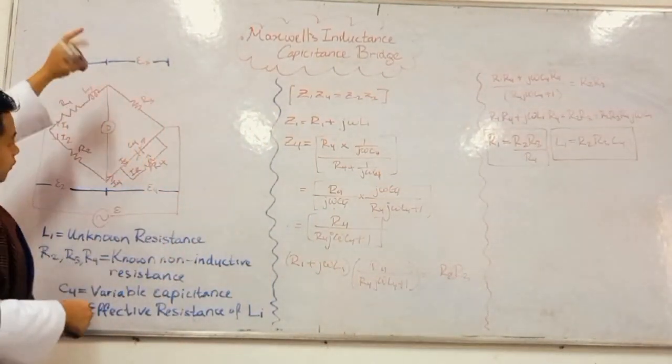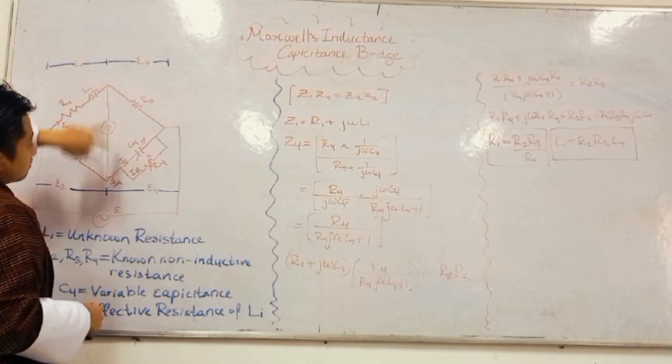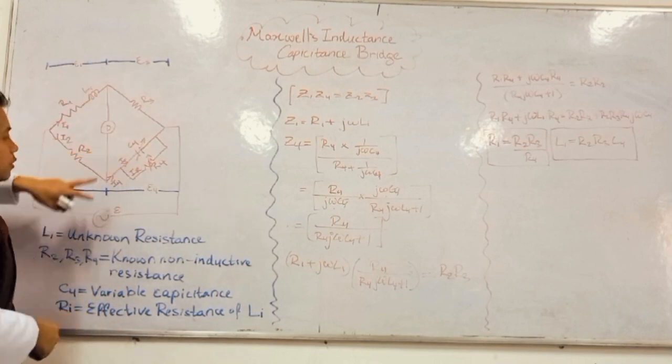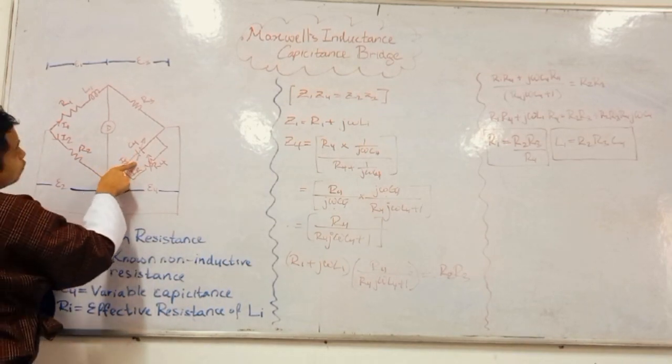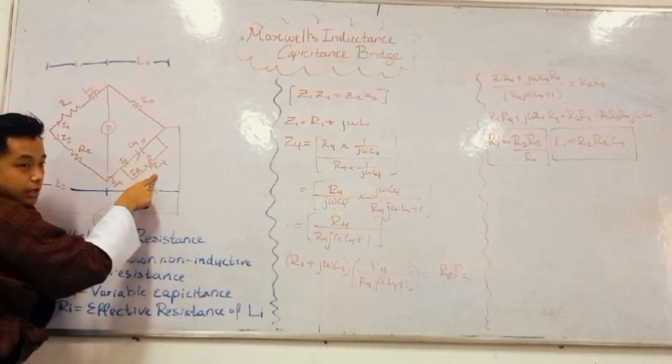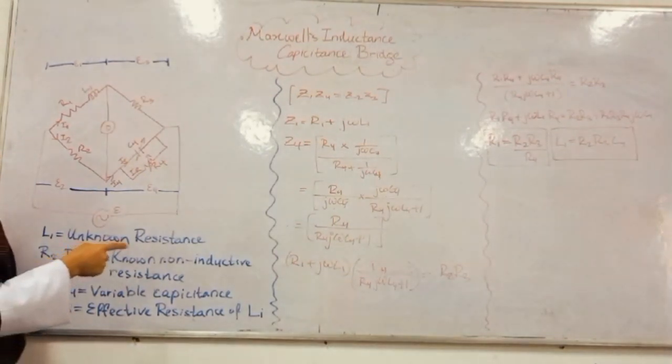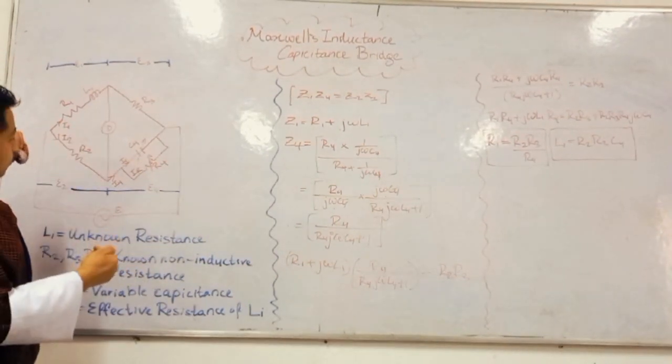Now to figure out the effective impedance across this arm, as you can notice, C4 is in parallel with the resistance R4, so we have to apply the parallel condition.